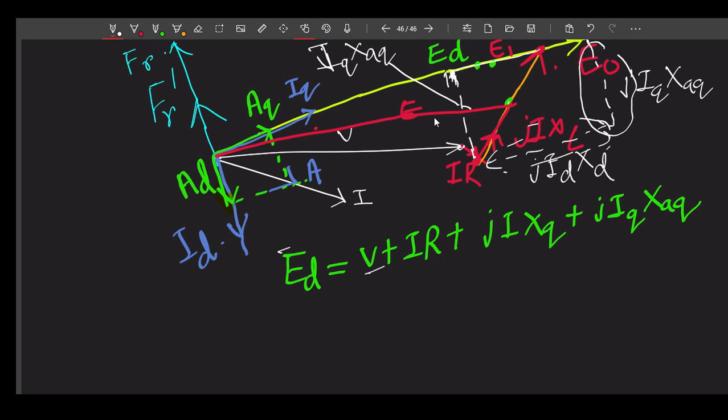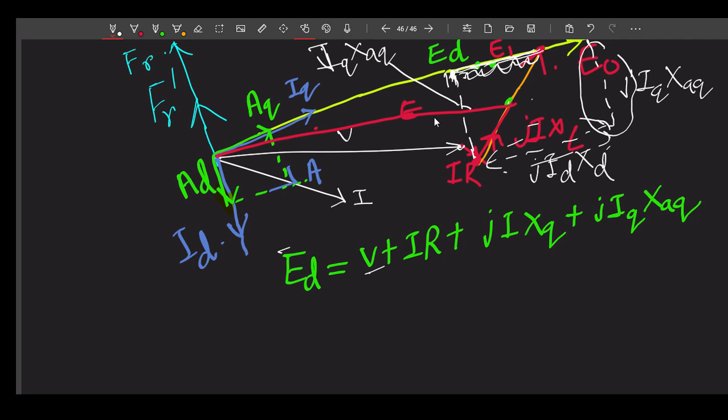We are trying to express this length as the sum of these two phasors. If we add these two phasors, they should give me this part, right? So we are doing it and getting our ED.